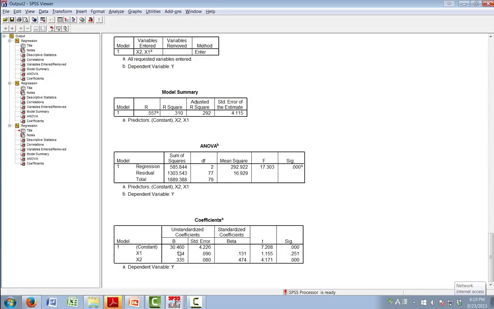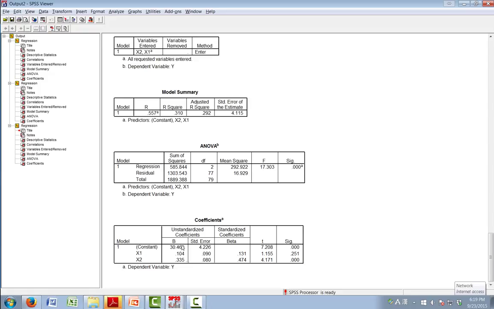Why? Because this is positive 0.104, right? This much. So if they spend 10 hours of study, then we get 1.04, approximately 1 score higher on the assessment, given the dependent variable, right? So you can interpret the intercept and slope values as they are.